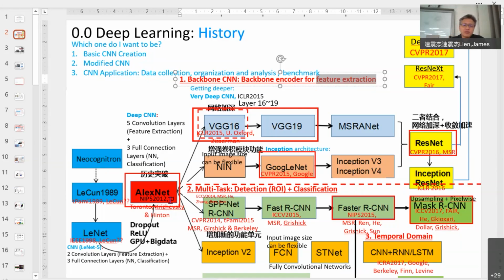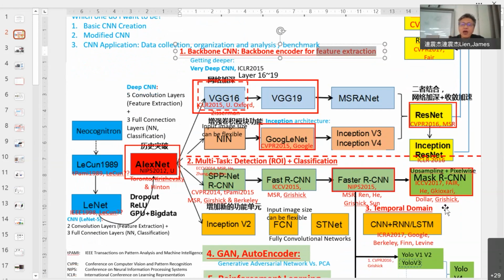That's what we call multitask for detection and classification, and use Faster RCNN or Mask RCNN. For the application, Faster and Mask RCNN are more popular. These two are widely applied, Faster and Mask. And what's R?